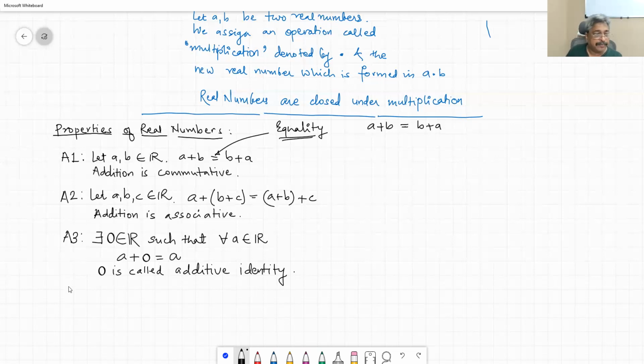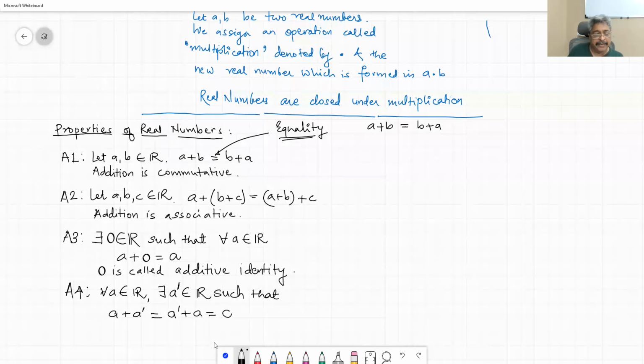Okay. A4. A4 says for every A belonging to R, there exists A dash belonging to R such that A plus A dash is equal to A dash plus A is equal to additive identity 0.